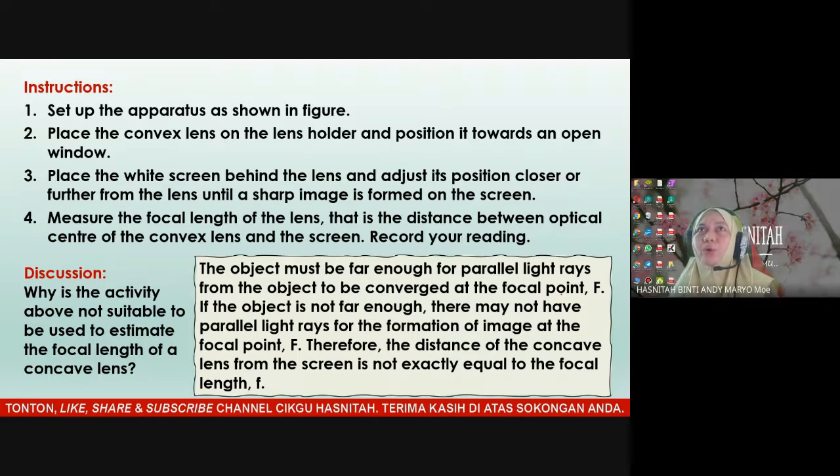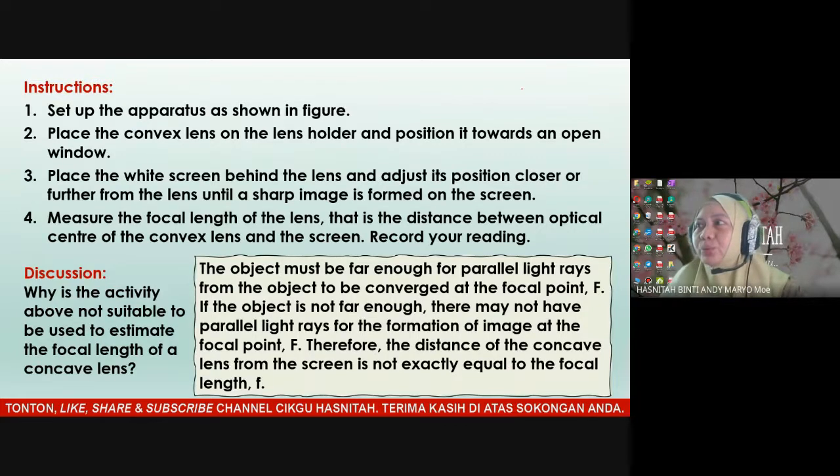Light coming from a very far away object travels in a parallel way. If the object is not far enough, there may not be parallel light rays for the formation of image at the focal point. Therefore, the distance of the concave lens from the screen is not exactly equal to the focal length. If you use a concave lens, the distance you get will not be accurate or the exact focal length.